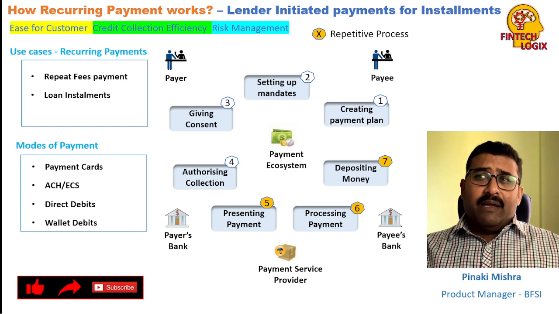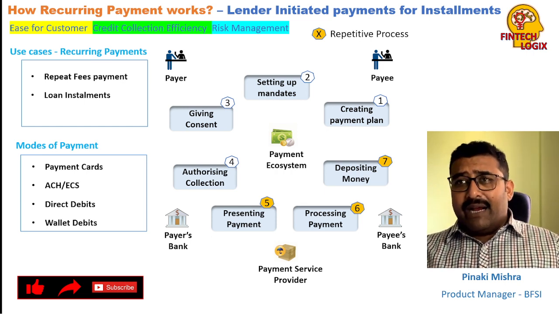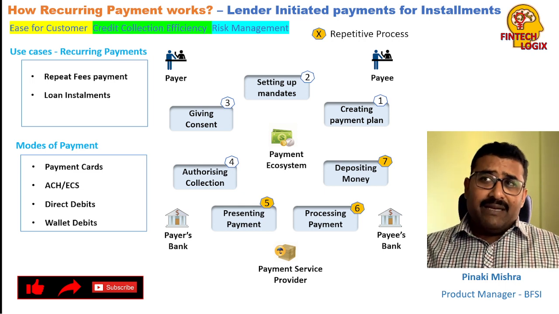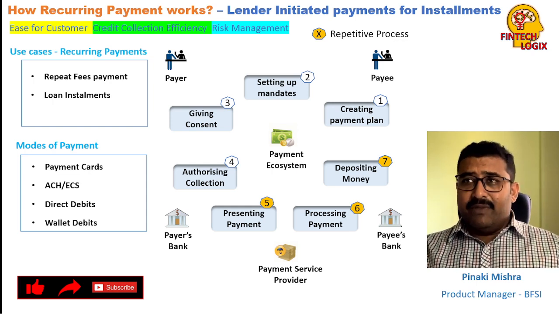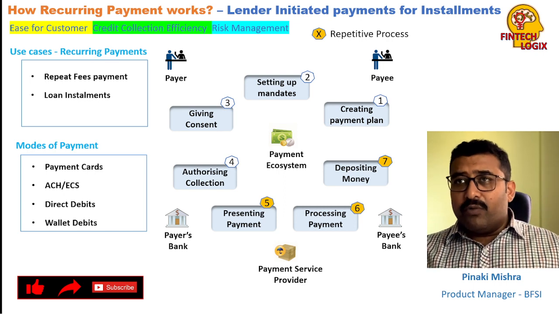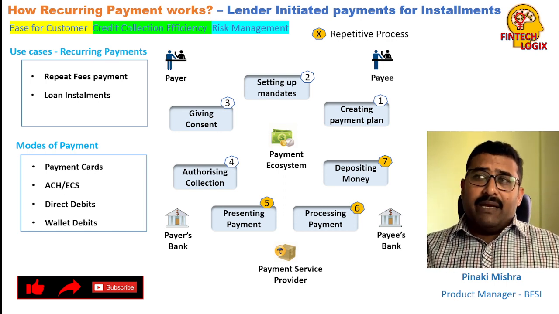It can be through a direct debit of an account, setting up physical mandates or direct mandates with banks. And it can also be done through recurring wallet debits. So these are the different payment modes through which recurring payments can be collected.